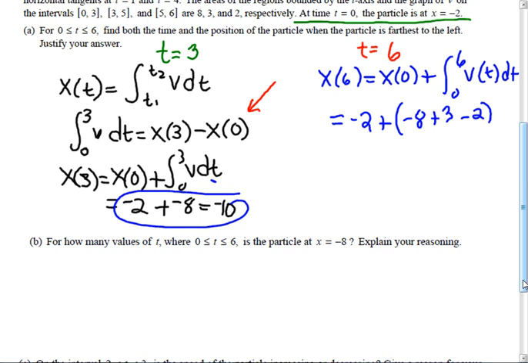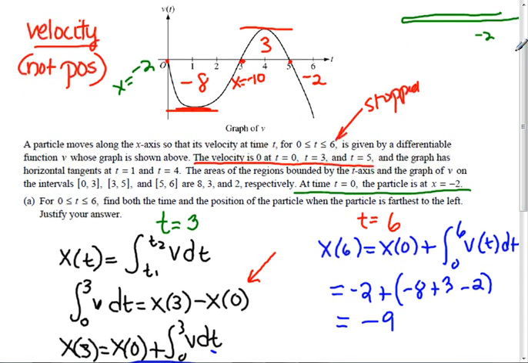Did I do it right? What is the answer? Is that negative 9? No, that's negative 9. That's right. So this is negative 9. Look right here. X equals negative 9.